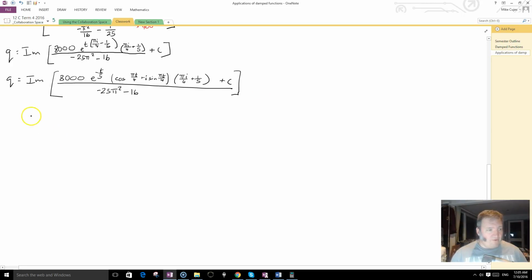All right, we can find the imaginary part now. All I'm going to do is keep the imaginary bits. I'm going to get rid of the rest. So 8,000 e to the negative t over 5. Which bits are going to be... So I've got that little bit out the front there. Now, when I multiply cos pi t over 4 by pi i over 4, yes, that is going to be an imaginary part, isn't it?